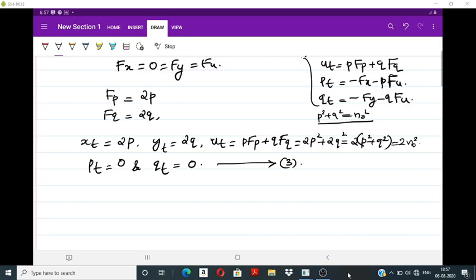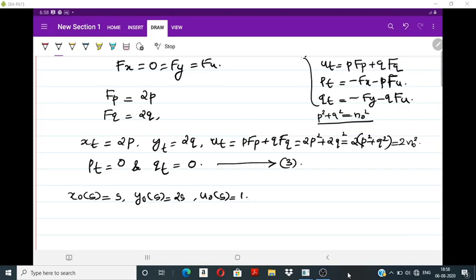Now, in order to solve for the characteristic strip, first we have to form initial conditions for P and Q. It is given in the problem that x naught of s is s, y naught of s is equal to 2s, and u naught of s is equal to 1 from equation number 2.